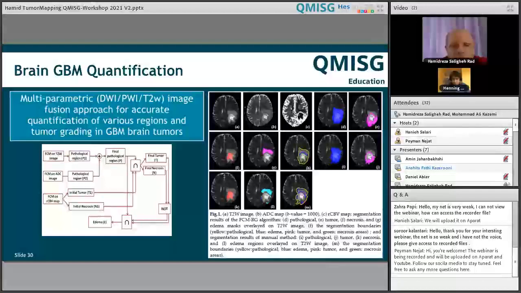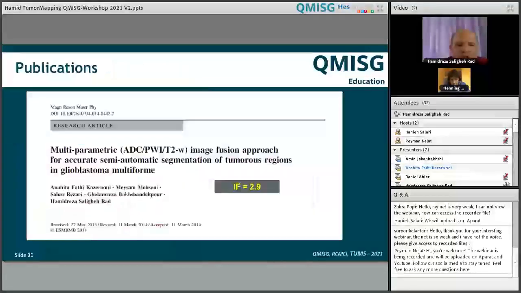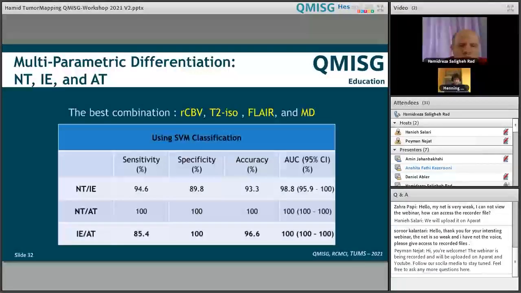In the first attempt, we tried to use diffusion, perfusion, and T2 weighted MRI with a knowledge-based algorithm, a very simple algorithm, similar to what Mengla suggested before, and we got some nice results out of it, and published them in Magma.